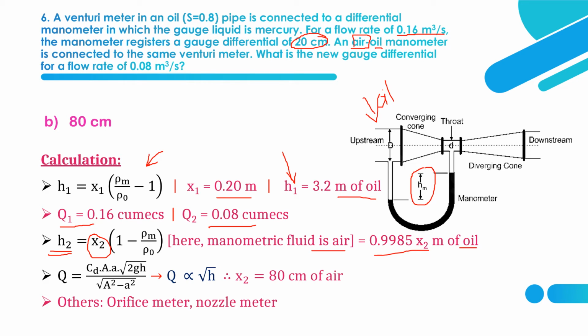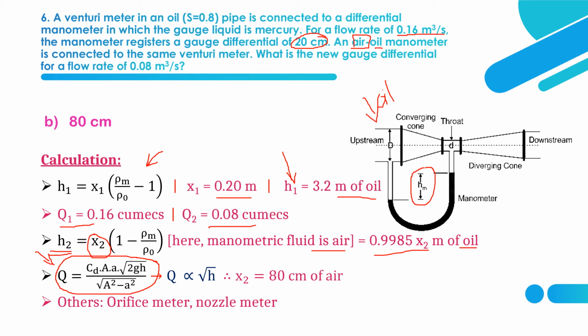So by using the Venturimeter formula for discharge, we have to find the x2 value. Here you can see the discharge for Venturimeter. Q is equal to CD, the coefficient of discharge, into capital A, small a.